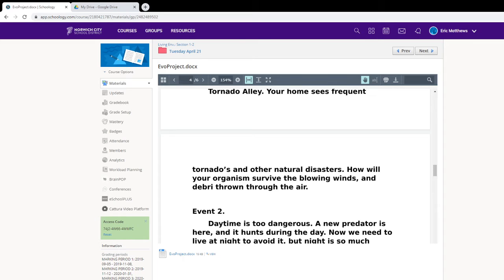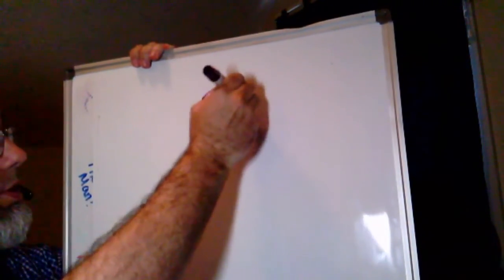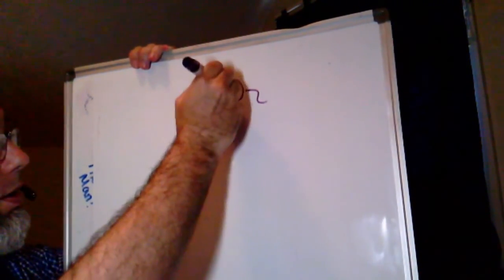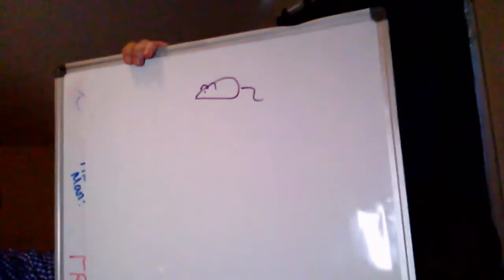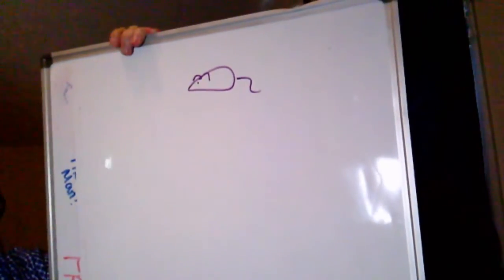Now, for the level of artistic talent that I'm hoping for, let me show you guys a relatively simple example. If art isn't your thing, that's okay. That's not a problem. You would have your starting animal, let's say a mouse. Everyone see my mouse?